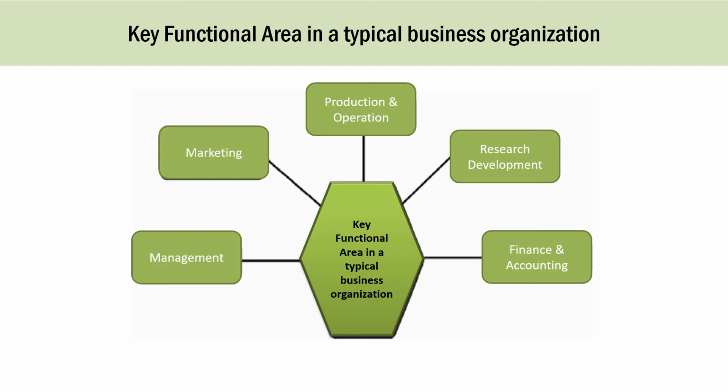It may differ according to the industries they are in. Some companies may not have production, but they may have operations, or they may have accounting but not finance. Likewise, the HR area may fall under the management depending on the organization's structure.